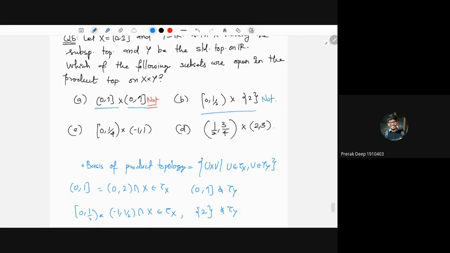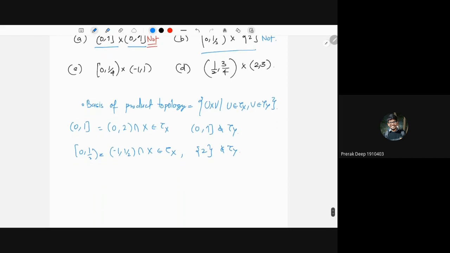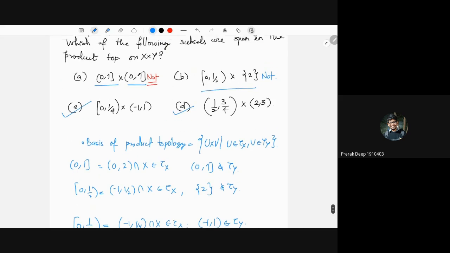Option C: this can again be thought of as the intersection of an interval with X, and the other set, -1 to 1, is also an open set in the standard topology on R. So this is correct. Option D, with a similar reason, is also correct. So options C and D are correct.